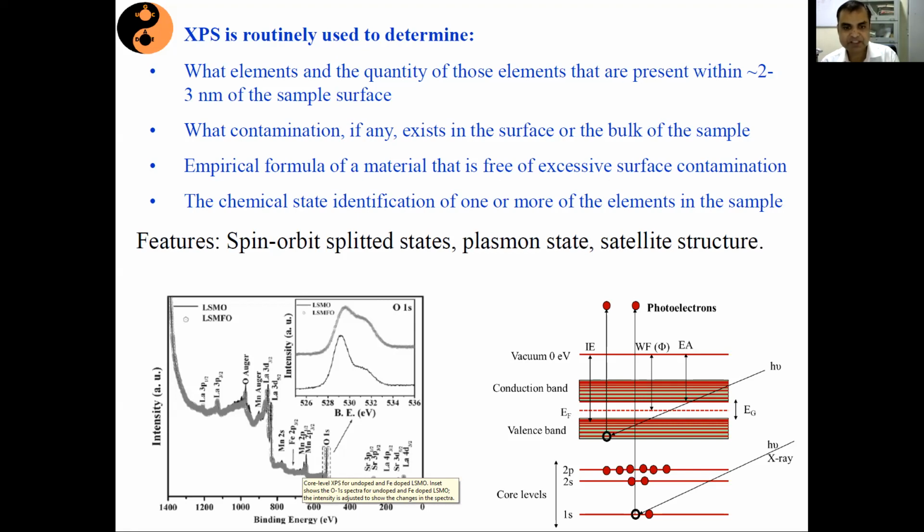Of course, the absorption will depend on the cross-sectional area, which will depend on the atomic number, as well as on the incident photon energy and the original binding energy of the electron from which it is coming out, right? Accordingly, you will see that electrons of different states from all the elements are emitted. And since their binding energies are different, we are able to identify that, okay, in my system, here is this lanthanum 4d, then strontium 3d comes here, lanthanum 4p comes here.